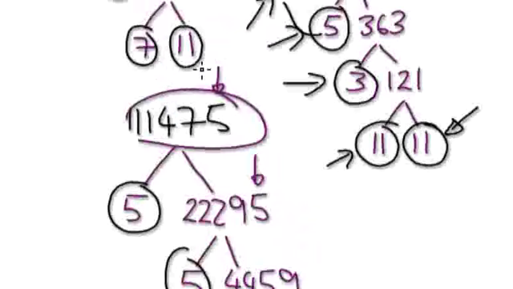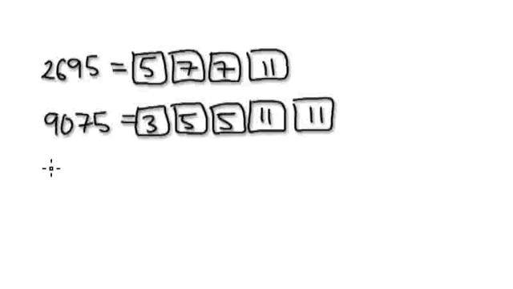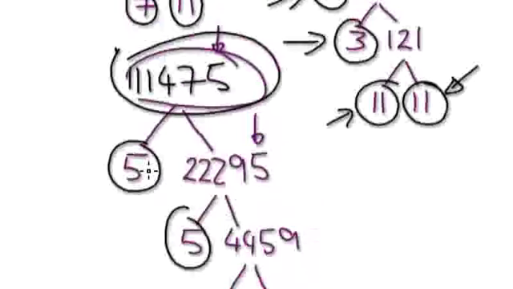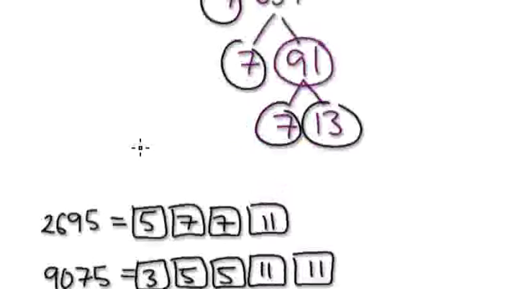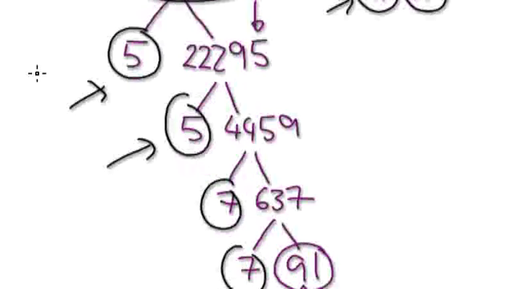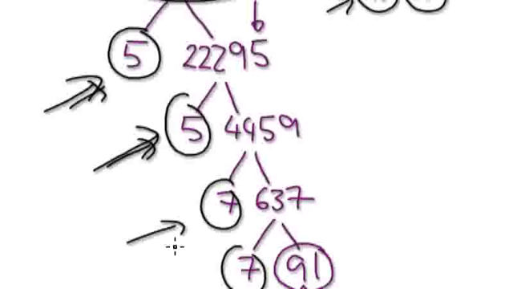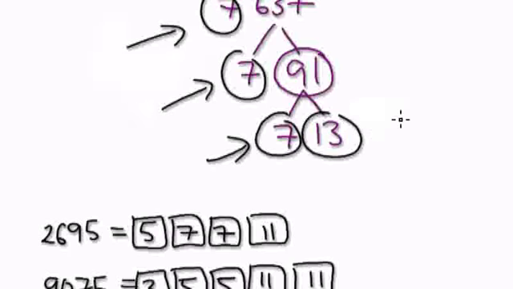And then the last one's quite long. This one, 11,475, equals 5 times 5 times 7 times 7 times 7, and then the 13.